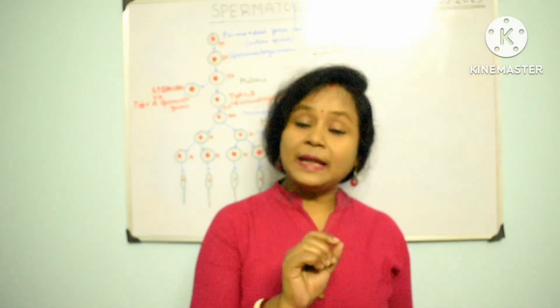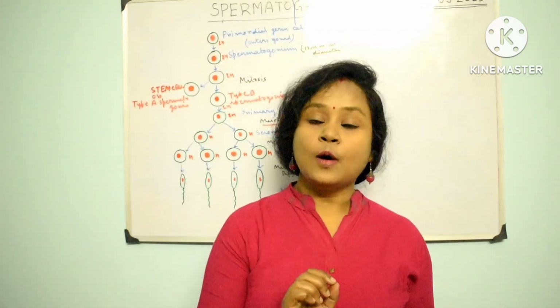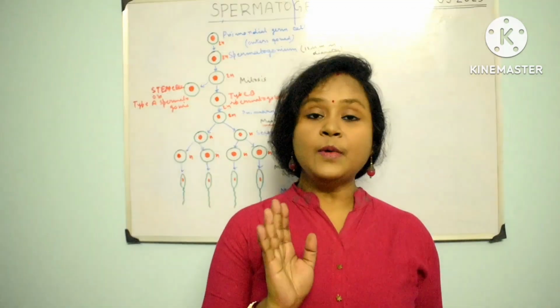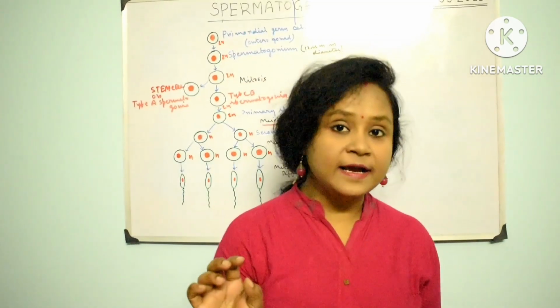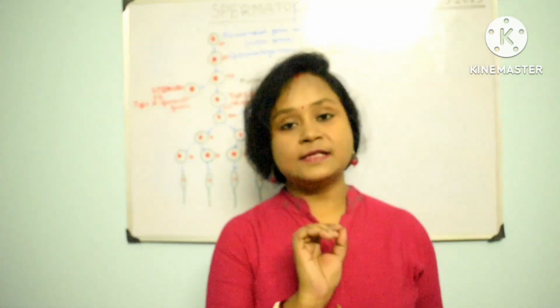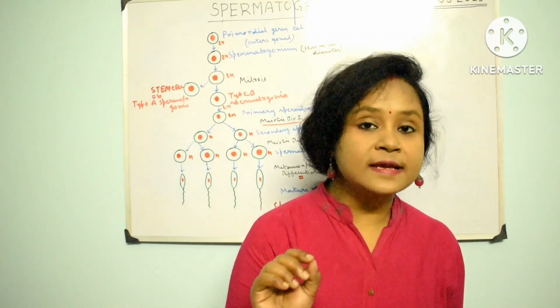Sertoli cells supply nutrition to the sperm and reproductive cells. What is the second function? Some of the degenerated cells of the seminiferous tubules are destroyed by phagocytosis. They also play a role in secretion. Point number 4, they help in steroid hormone secretion.